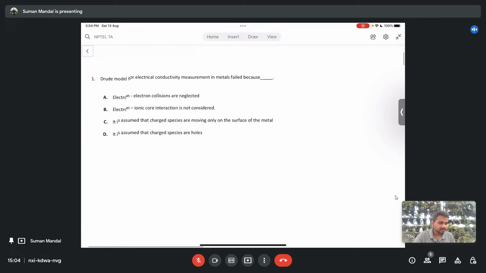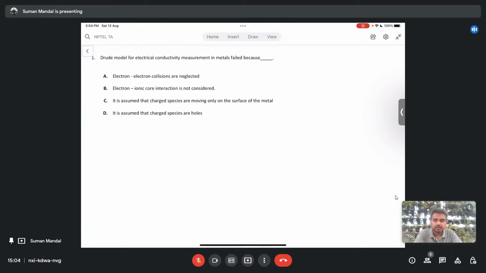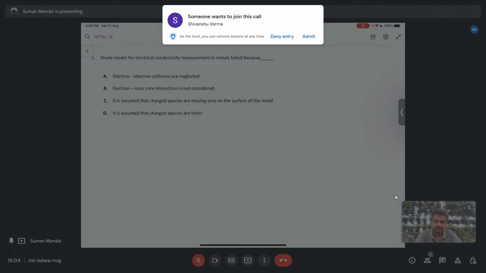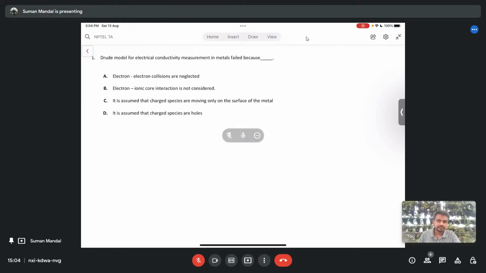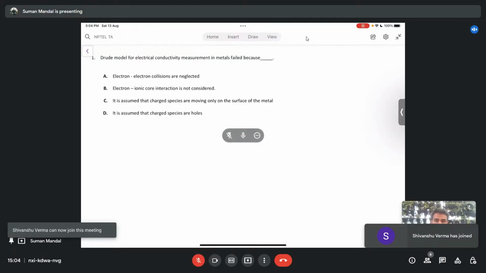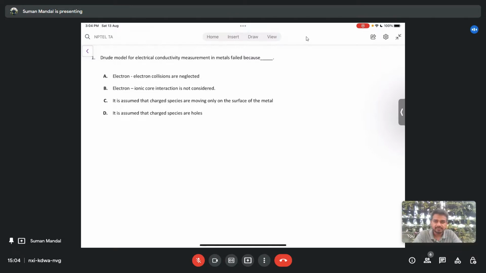So this is the first question. The Drude model for electrical conductivity measurement in metals failed because: A, the electron collisions were neglected; B, the electron-ionic interactions were not considered; C, it is assumed that the charge species are moving only on the surface of the metal; or D, it is assumed the charge species are holes.